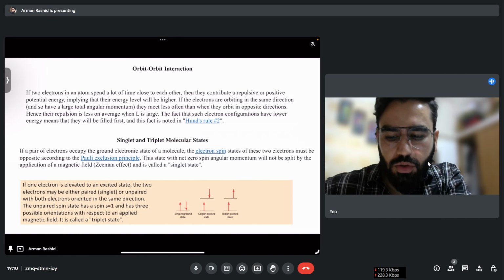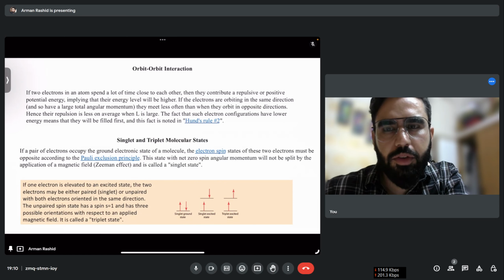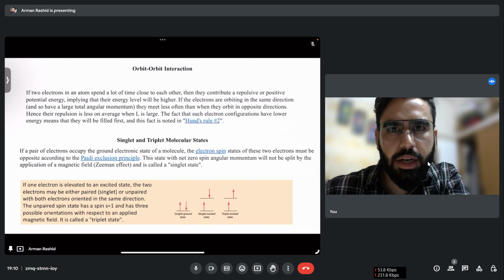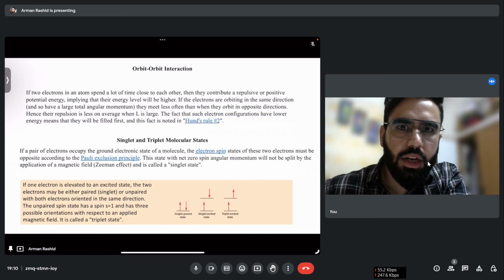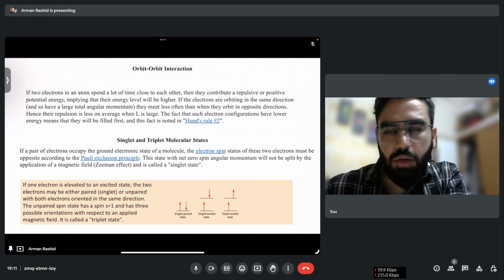Okay, so the total spin antisymmetric will be the multiplication of the two spins. So if we have two electrons, if we have two systems, and you know the wave function of each system, then the total wave function will be the multiplication of these two wave functions.